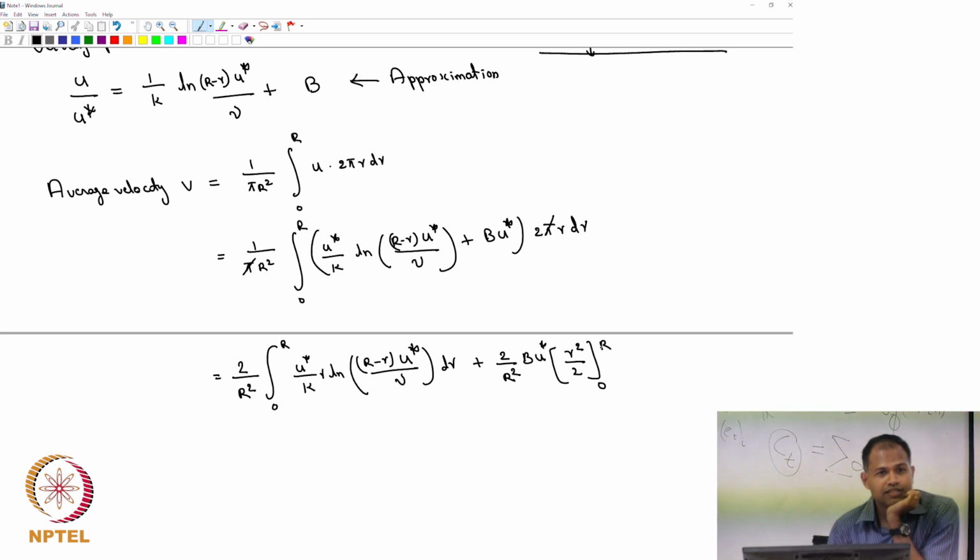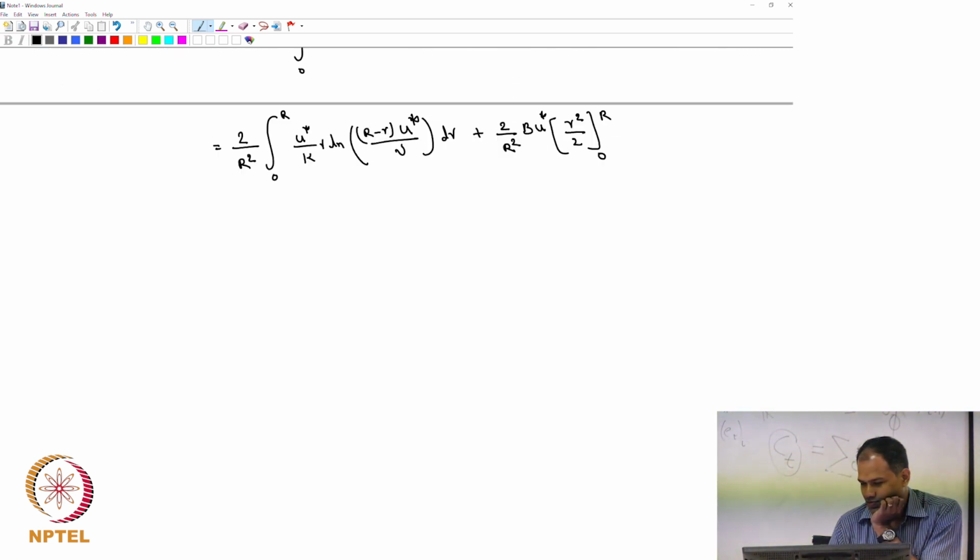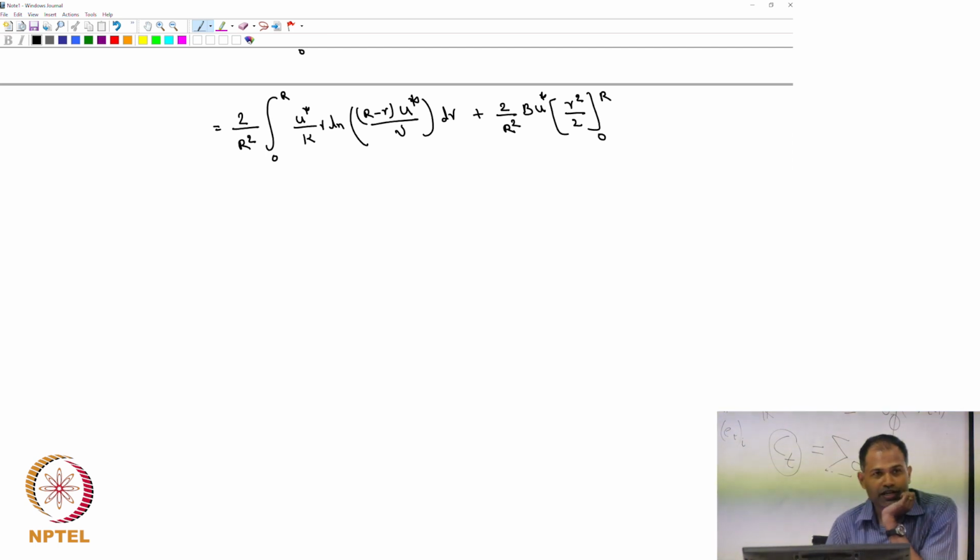You can just go ahead and integrate. It will take a couple of steps. So that's what you need to integrate now, right?